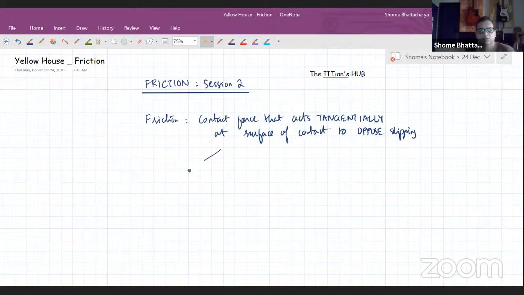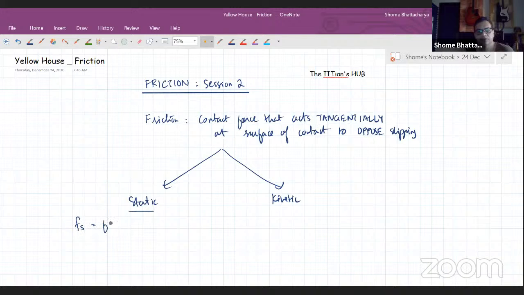Then we saw that, depending on whether the surfaces are actually slipping or are at rest with respect to each other, there are two types of friction, static and kinetic friction.